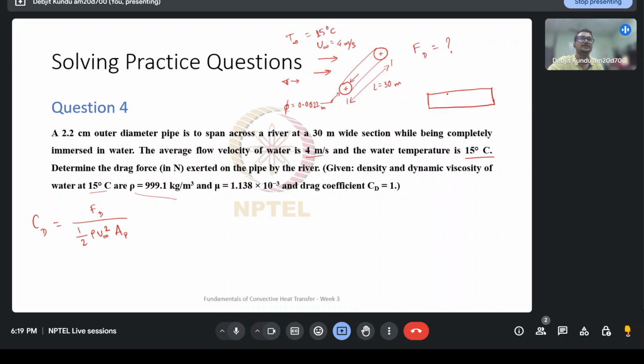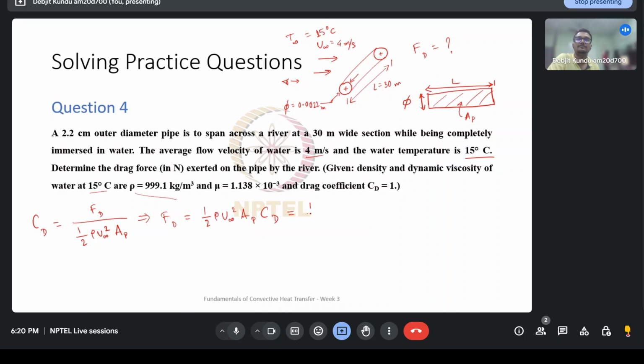That would be the projected area, right? So this being the length and this dimension being the diameter phi. I know these values. So this shaded area is the AP that is considered here. So from here we will write down FD is equal to half rho u infinity square AP into CD.